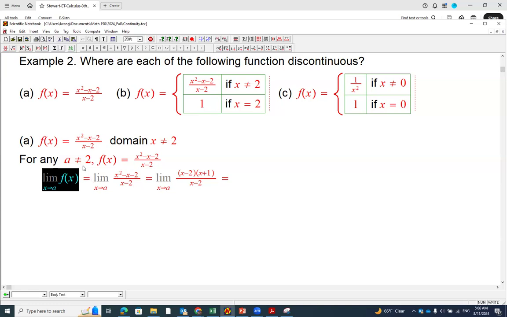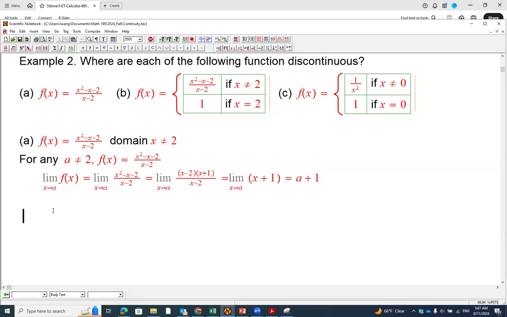That's why we take a not equal to 2. x minus 2 is reduced because a is not 2. So in the end, the limit would just be the limit of x plus 1, which is just going to be a plus 1.